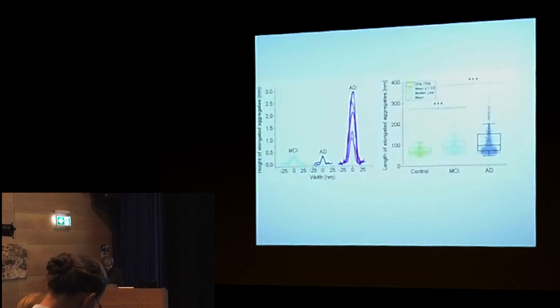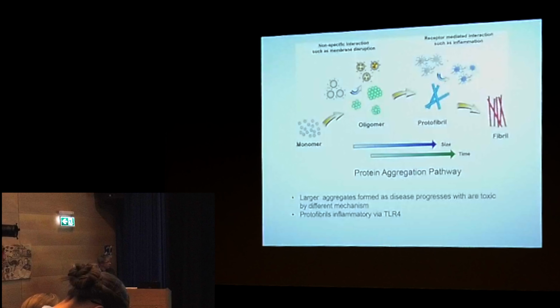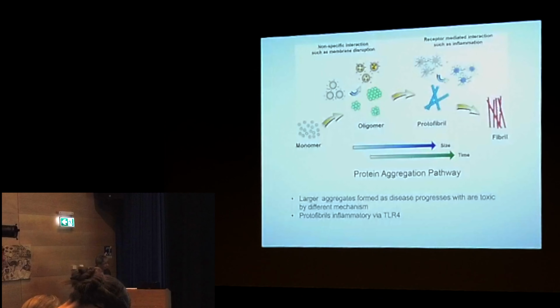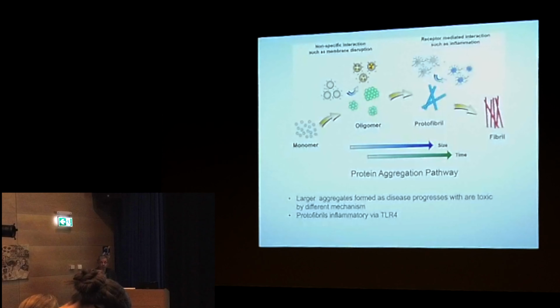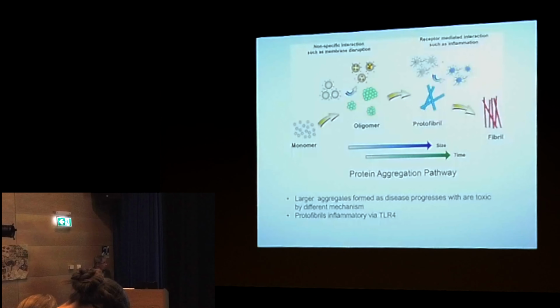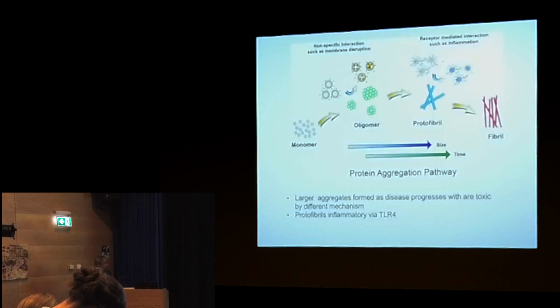What this all means is that as you develop the disease, the monomer becomes the oligomers, which become these long protofibrils that ultimately become the amyloid plaques in your brain. These oligomers are good at permeabilizing the membrane, and this causes calcium dysregulation, which is one of the things that happens during Alzheimer's disease. These protofibril aggregates are very good agonists.